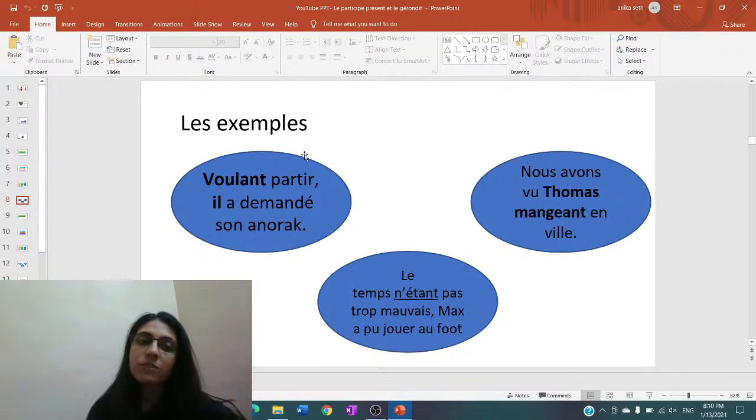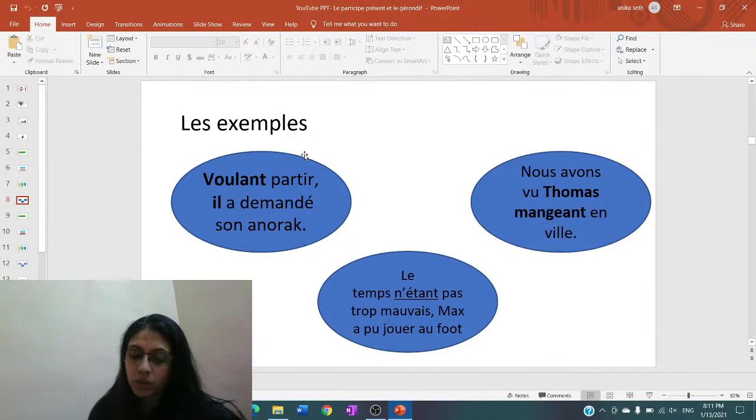When we conjugate the verb vouloir with nous, the conjugation is nous voulons. You remove ons, remove the subject pronoun nous also, and put ant instead of ons. So this becomes voulant, and then the sentence is voulant partir, il a demandé son anorak.